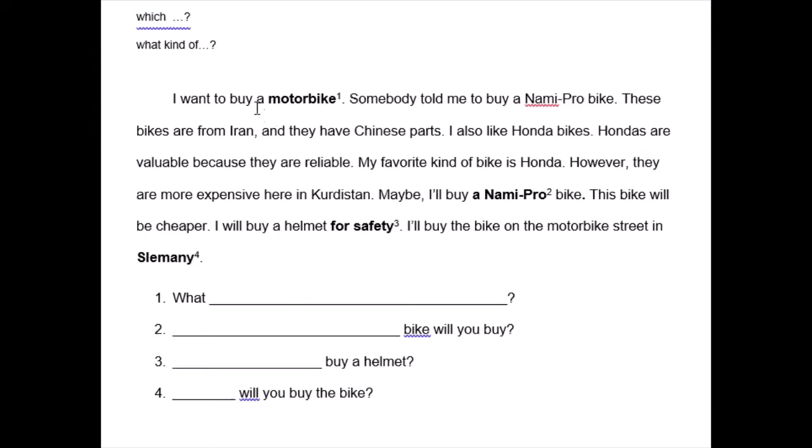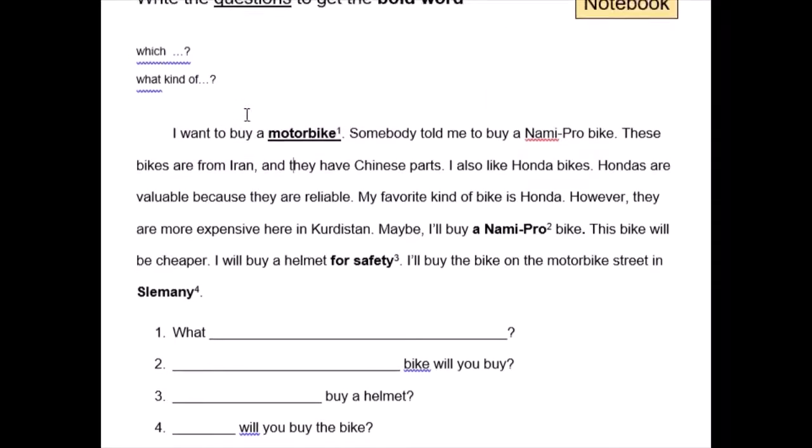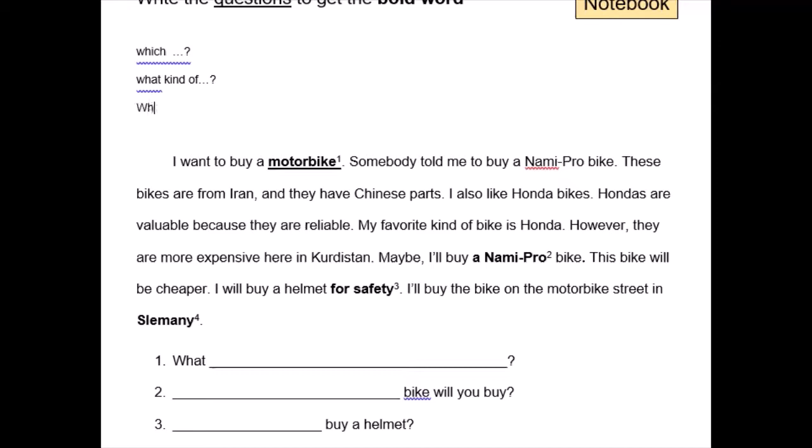Okay, so for each of these words in bold, I want you to write an information question using which or what kind of to get the answer, okay? So number 1, motorbike is my answer. So the answer is I want to buy a motorbike. So what do you want to buy? Okay.